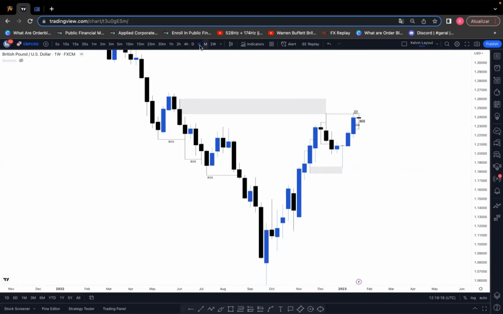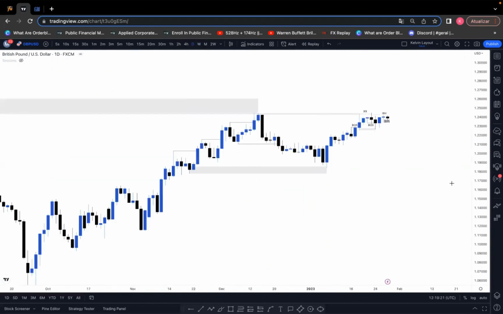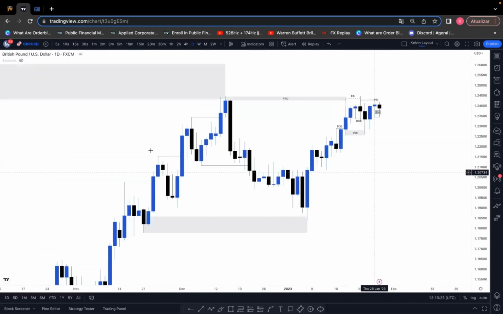So once price tapped there, for example, let's just drop down to the daily time frame. We can see that the structure was bullish, right? Price was breaking, mitigating, breaking. But then we had this change of character right here.